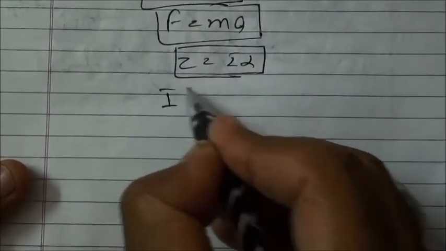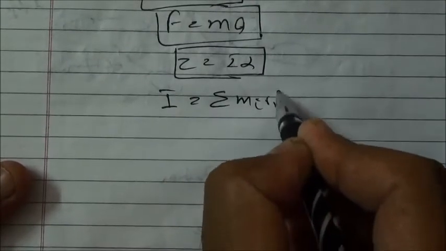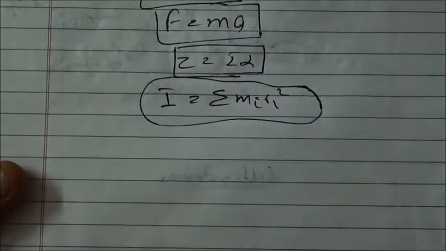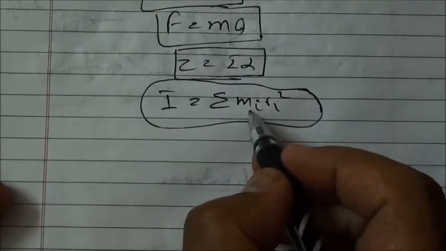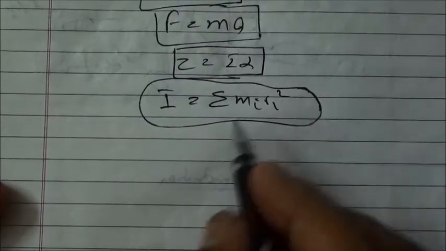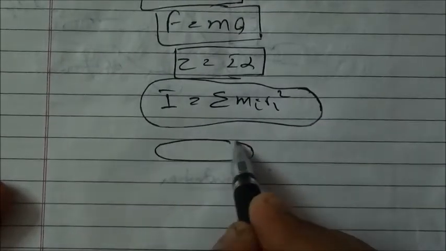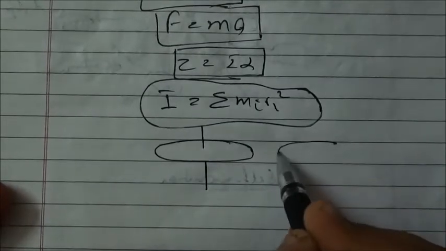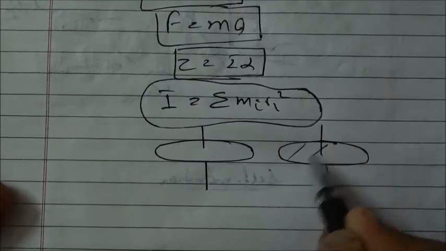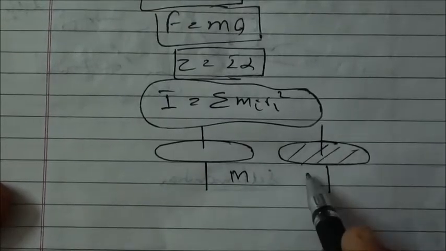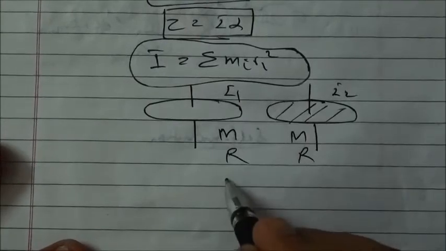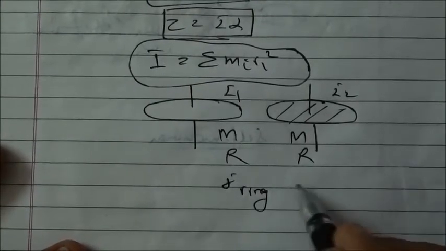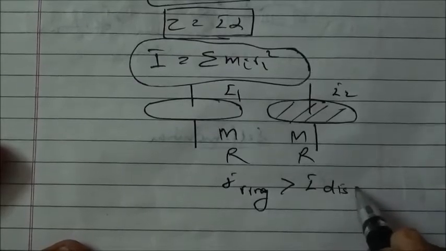But keep in mind this quantity. This is something new for us, the moment of inertia of any body. It depends not just on mass, but on the distribution of mass about the axis. So if I gave you a ring and a disk of the same mass and same radius, then the moment of inertia of the ring will be greater than that of the disk.